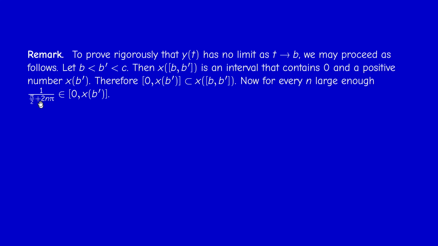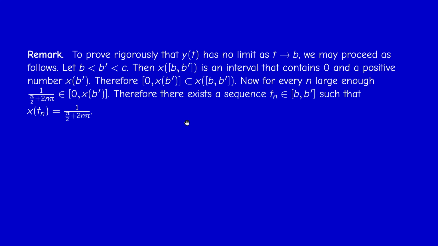Now, if n is large enough, 1 over (pi over 2 plus 2n pi) tends to 0, so it's close to 0. So for n large enough, it must be in this interval from 0 to X of B prime. And therefore, this number, 1 over (pi over 2 plus 2n pi), belongs to X of BB prime. So what does it mean? It means that it's in the image of BB prime.